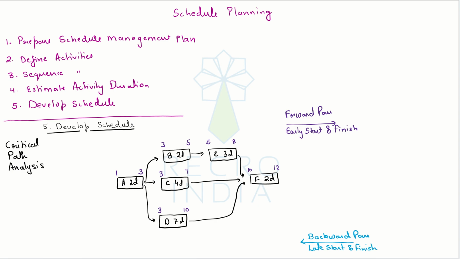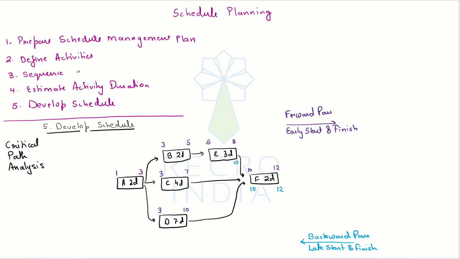So assuming that F has to finish by 12th morning, the latest it can finish is on 12th morning. Being a 2-day activity, it should start by 10th morning. If F is trying to start on 10th morning, then E can latest finish by 10th.